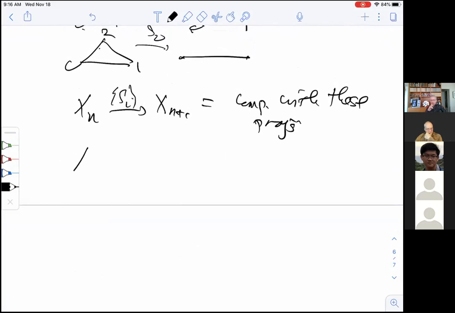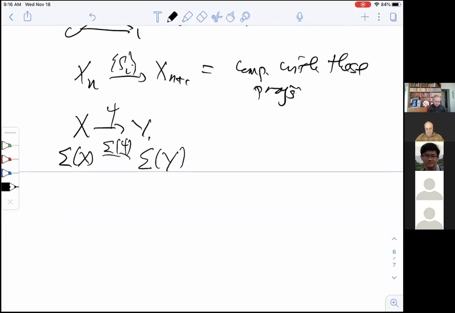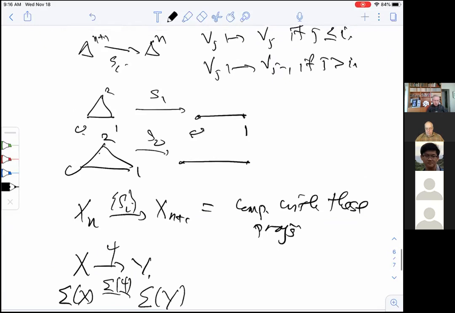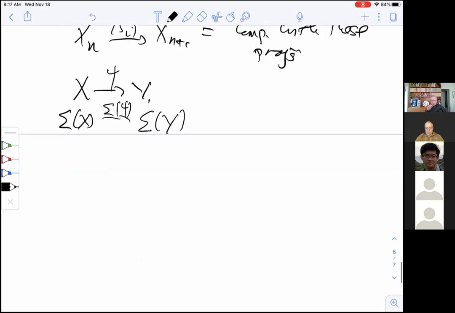If we have a continuous map psi from X to Y, obviously there's an induced map from the singular simplicial set of X to the singular simplicial set of Y, sigma of psi. Given a simplex in X, you just compose. And that's a map that preserves all this structure, the face and degeneracy relations. So it's a morphism of simplicial sets.